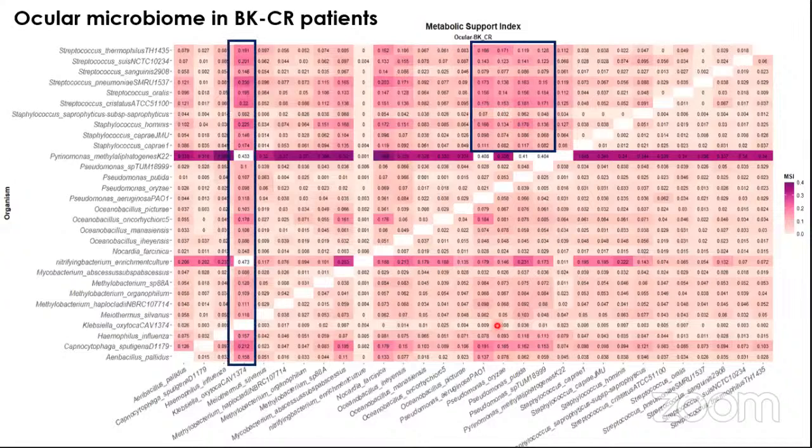So whenever the table is dark vertically, it means that the microbe at the bottom supports all the microbes on the left hand side. So you can see that the column corresponding to Klebsiella oxytoca is a little bit dark when compared to other columns.